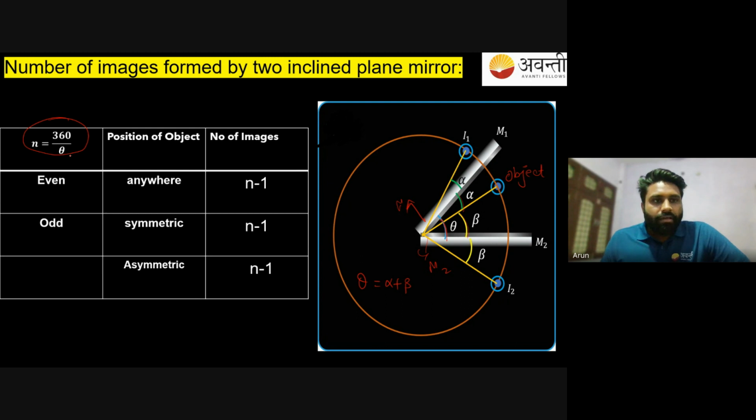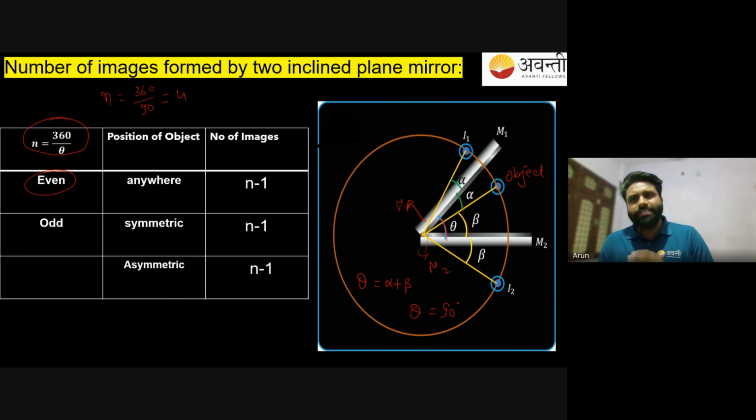Let us try with an example. Suppose theta here is 90 degrees, meaning the plane mirrors are placed perpendicular to each other like this. If I divide, n equals 360 divided by 90, which is 4. Is it odd or even? It is an even number, so it lies in the first category. It is even, so the position of the object can be anywhere.